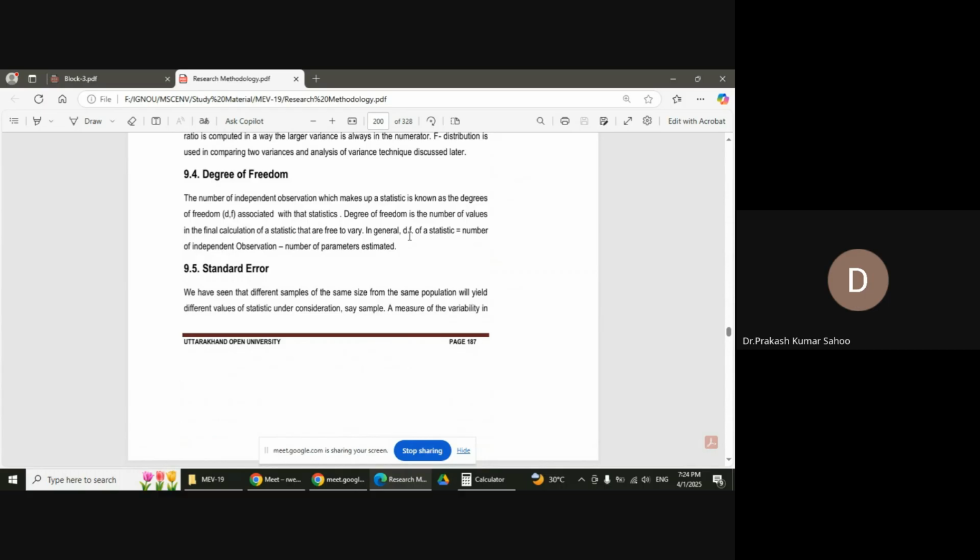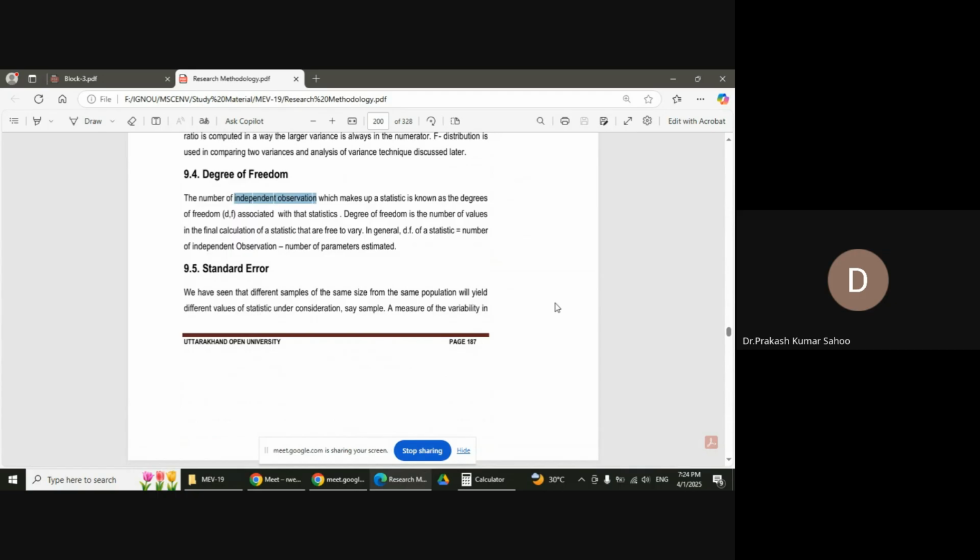Number of independent observations means that whenever we are calculating a descriptive statistic or a measurable quantity for a particular observation, that observation becomes dependent and the rest of the observations become independent. So the number of independent observations is known as the degree of freedom for a particular set of data.